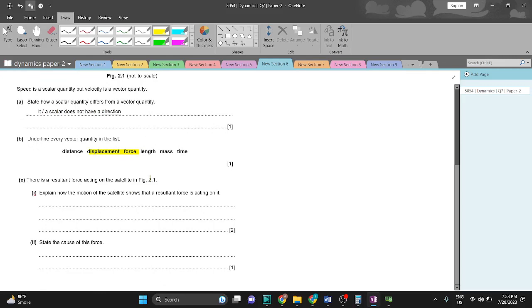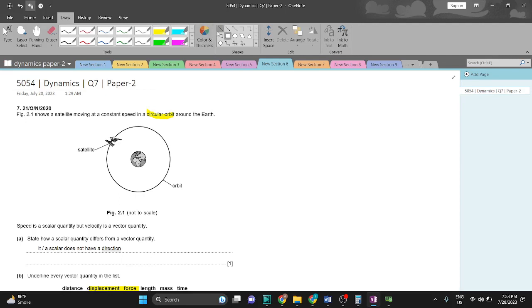Okay, see, there is a resultant force acting on the satellite, figure 2.1. I already mentioned it. It's towards the center, which is a centripetal force. What is centripetal force? When an object is moving in a circular path, its velocity is in this direction, and the velocity is constantly changing direction.